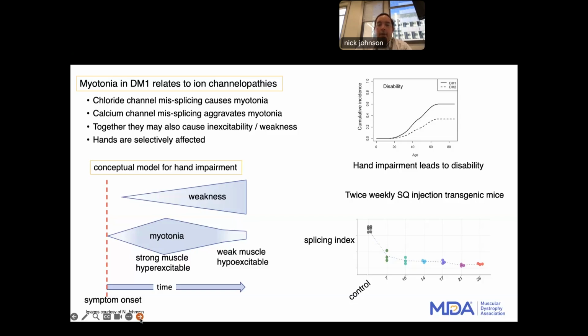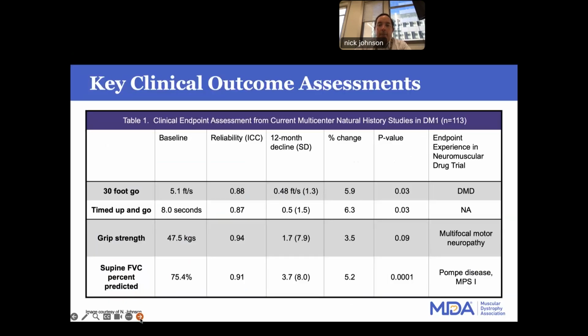However, again, when you go back to thinking about the therapeutic development, in the bottom right corner, work done by Charles Thornton's group at the University of Rochester, you can see that when you provide an antisense knockdown affecting the RNA splicing, which is what's shown there, the RNA splicing improves pretty quickly, and the myotonia follows suit.